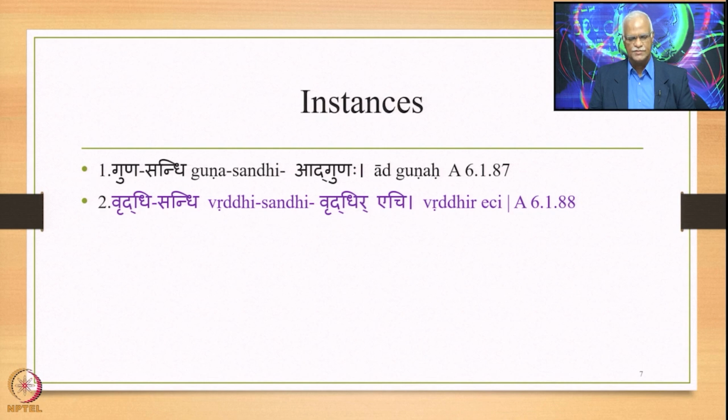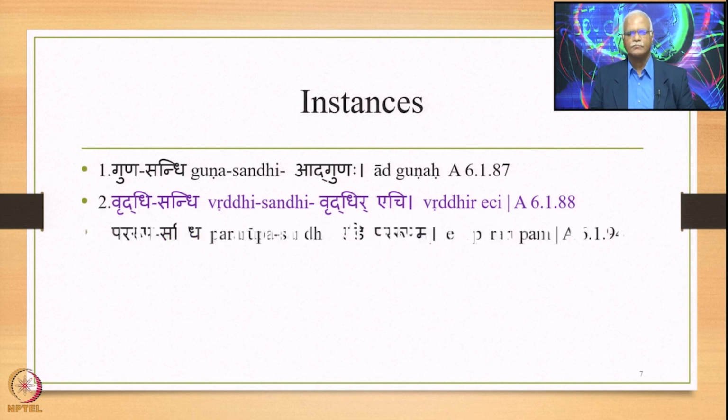The second instance of Dvisthanika Ekadesha is Vriddhi Sandhi, stated by the Sutra Vriddhirechi 6.1.88. And this is what we are going to study in this particular lecture. The third instance of Dvisthanika Ekadesha is Pararupa Sandhi, stated by the Sutra Ingi Pararupam 6.1.94.